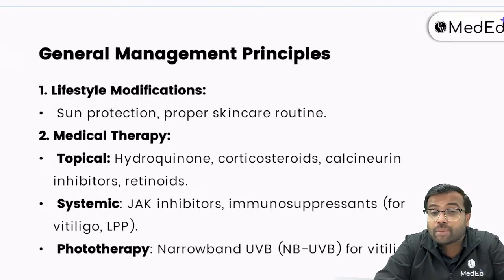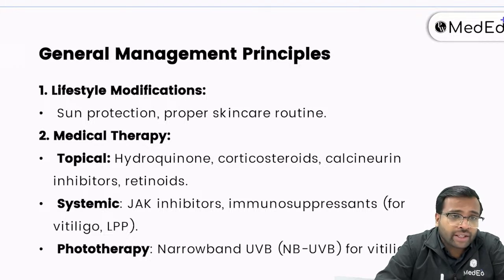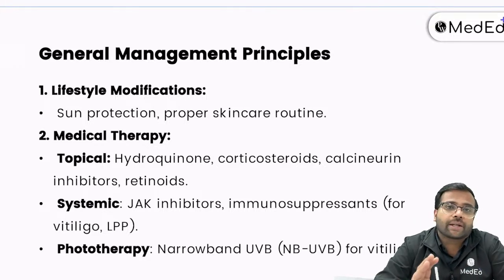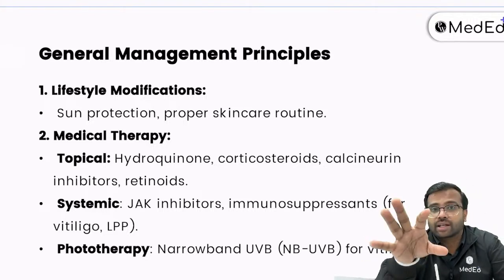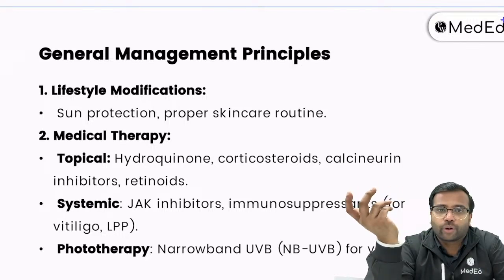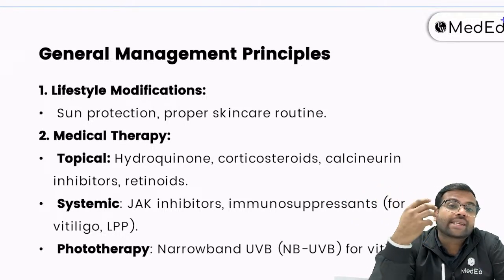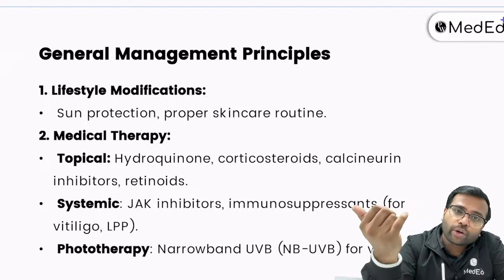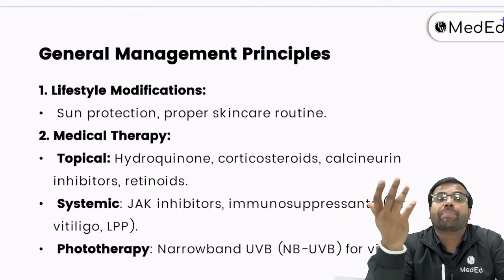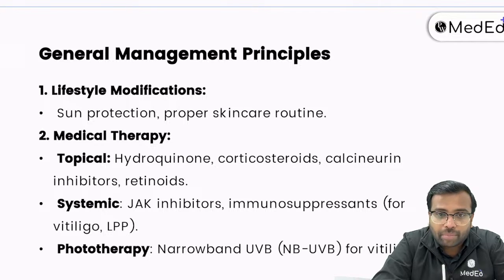Of course, we discussed so many diseases today, and for each and every disease there is a different kind of management. We'll have to go for some lifestyle modification, and we'll give specific drugs. Like today, somebody asked me about the management of overuse of hydroquinone. Hydroquinone is a skin lightening agent, and we use it whenever there is any hyperpigmentary disorder. For hyperpigmentation, we can go for skin lightening agents.